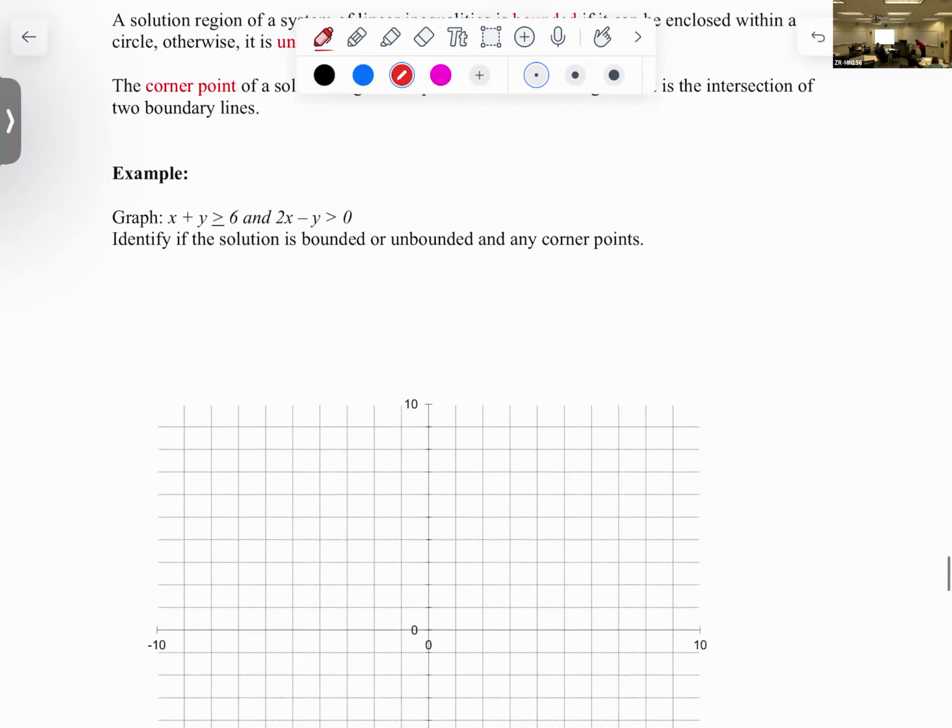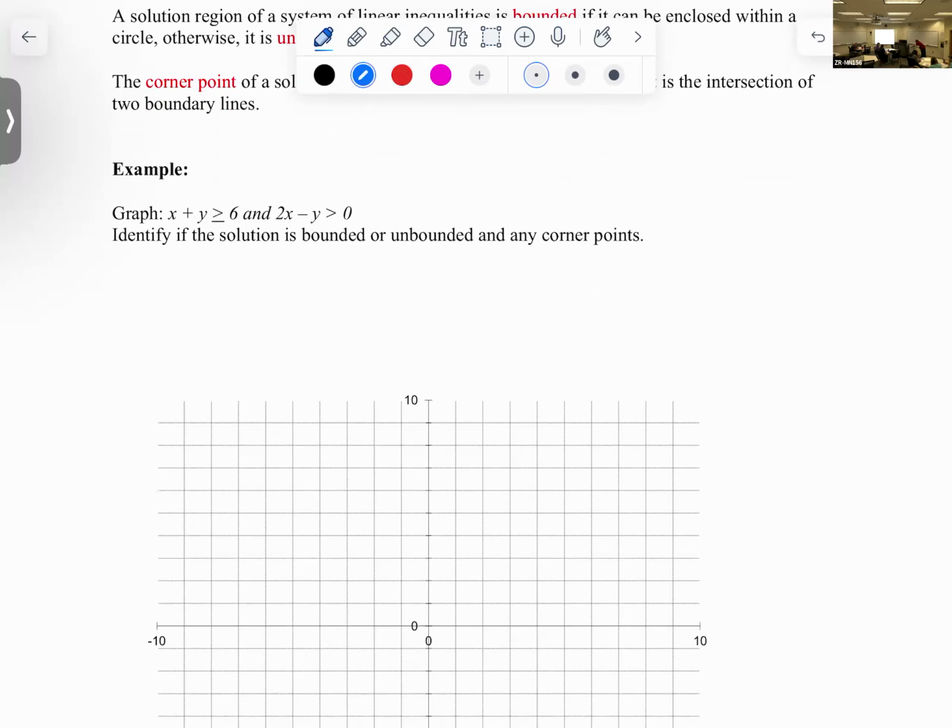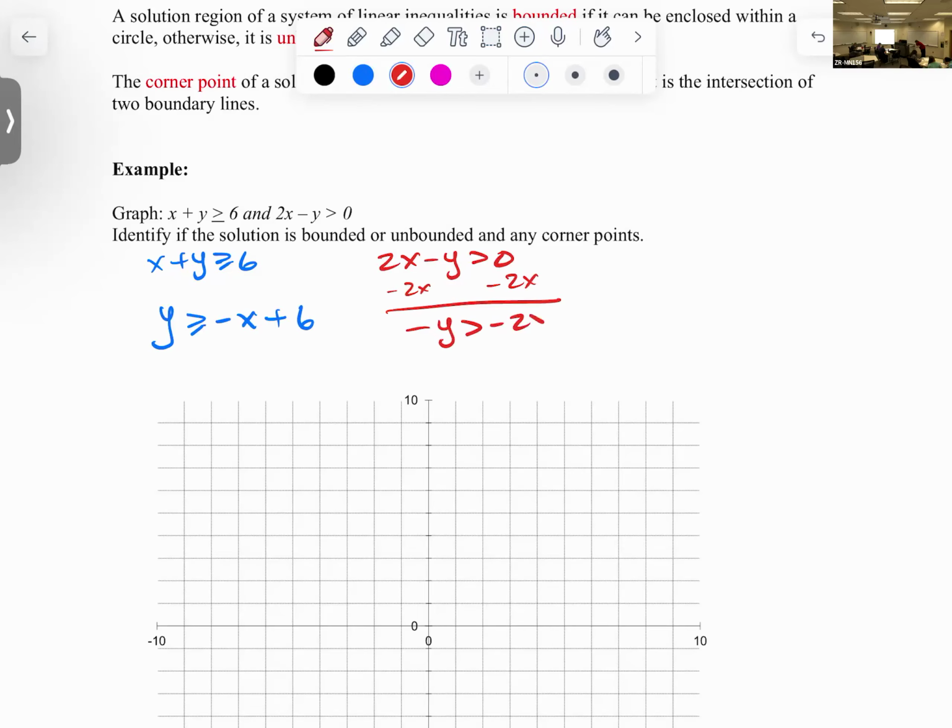All right, so let's look at an example here. I have 2 equations. And the idea with these 2 equations, as always, is to solve them for y equals mx plus b. So for my red line here, I bring the negative 2x over, right?